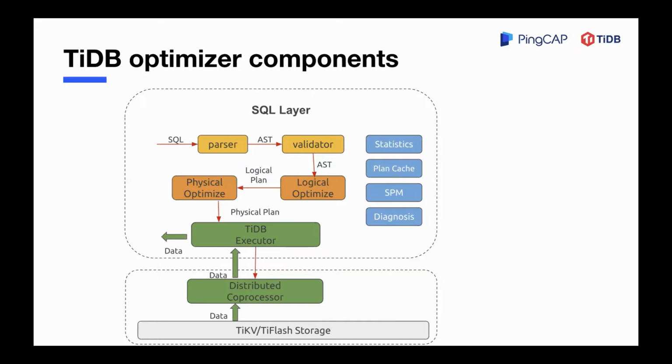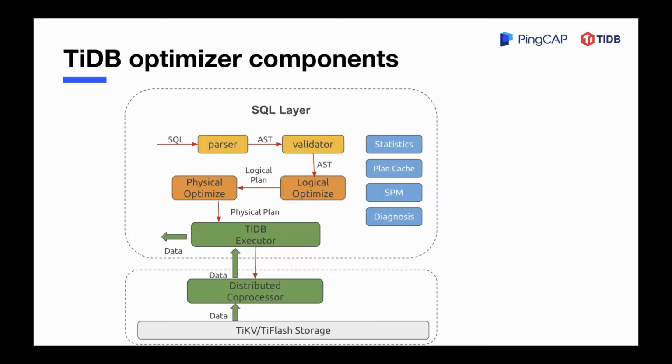That part is very important because we push down certain computation to the storage engine. For example, we have TiKV for the row store, and the TiKV coprocessor handles filtering, some aggregation, limit and top N, certain computation. And also we have TiFlash, and we have a TiFlash coprocessor too.